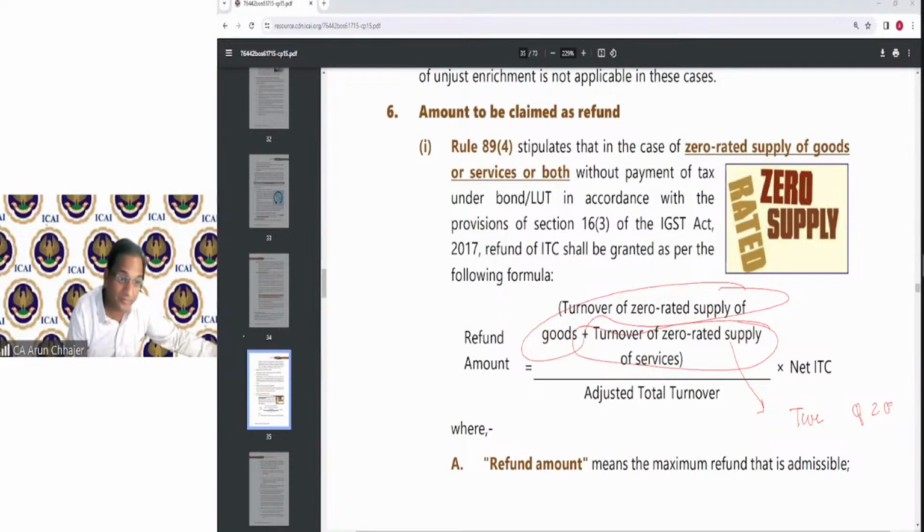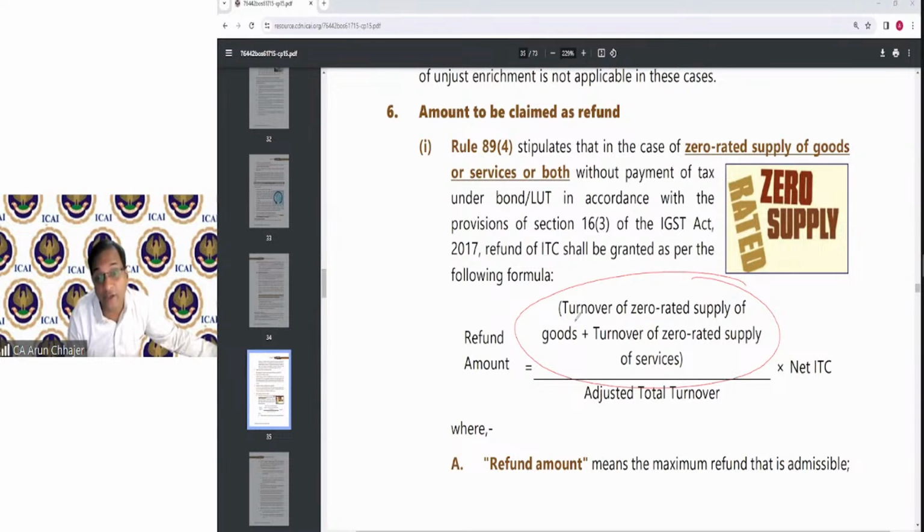Try to understand. They could also have said turnover of the zero rated supply of the goods and services, but they are saying two different terms. They are using two different terms. Why? Because they have defined them separately.